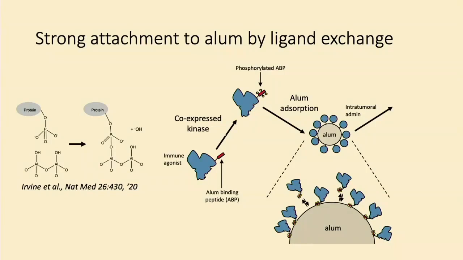It's a very tight bond, with this ligand exchange to the matrix. So what we end up doing here is co-expressing a site-specific kinase and expressing this in stable CHO lines. It secretes a protein that then has these attachment points just on that one peptide, mix it with alum, and then administer.